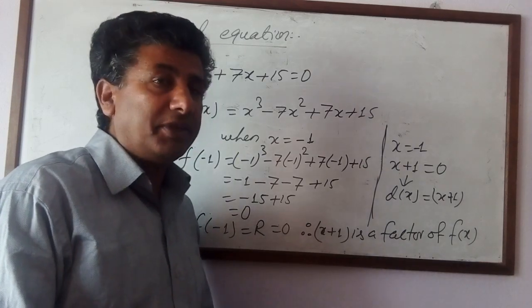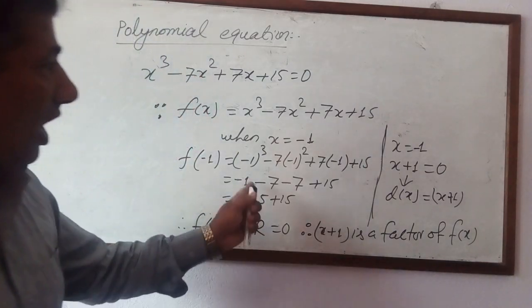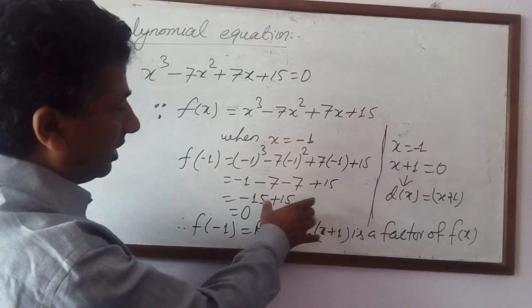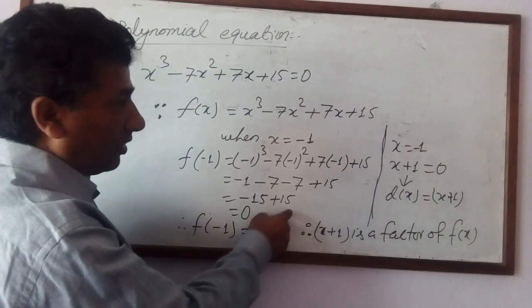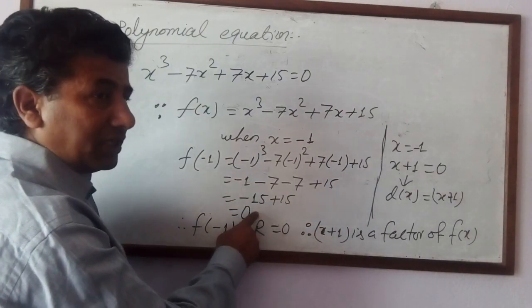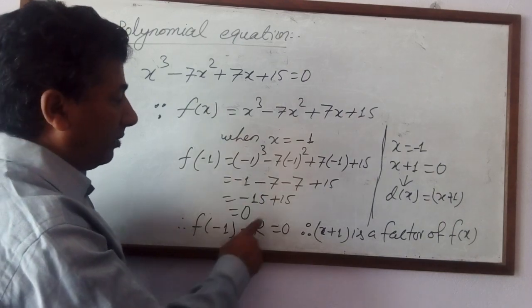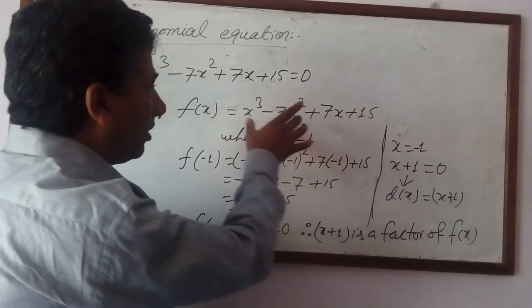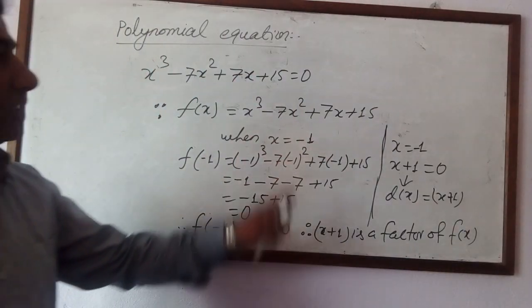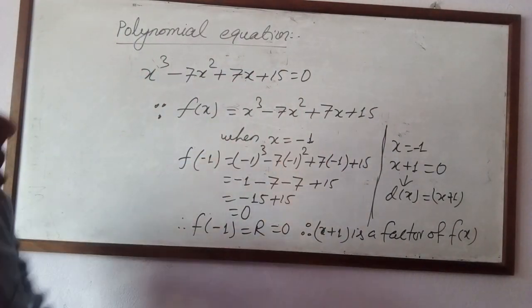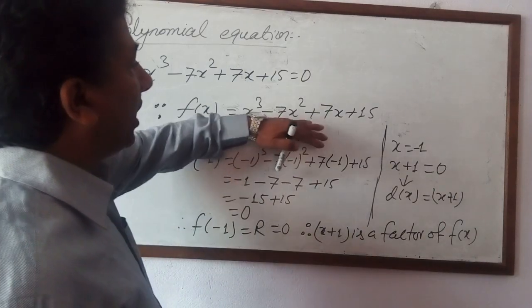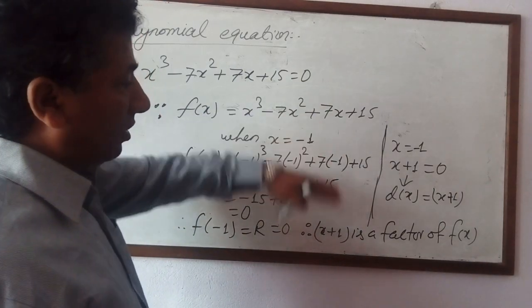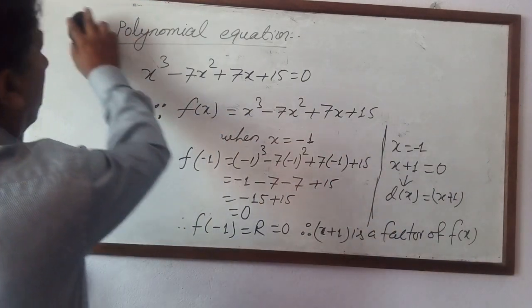Now, synthetic division and the division algorithm. It is clear that by the remainder theorem, a zero polynomial value means remainder 0. When the remainder is 0, the divisor will be a factor of the given polynomial. Now, after this, I'll go to synthetic division. By the help of synthetic division, we have to find two more factors.